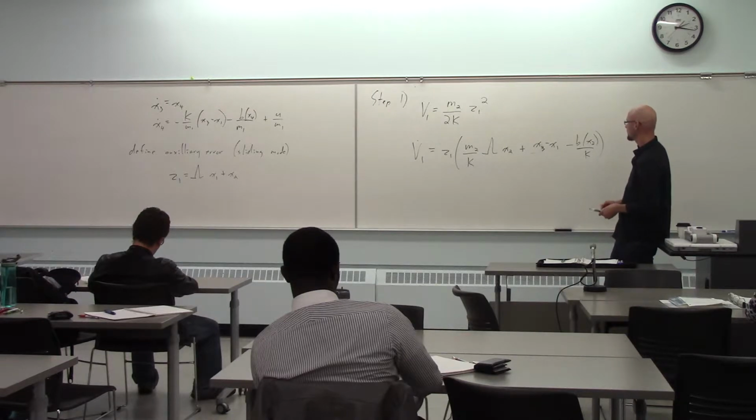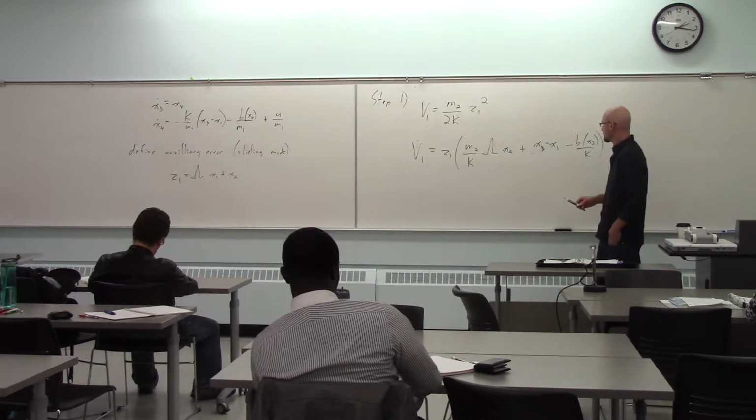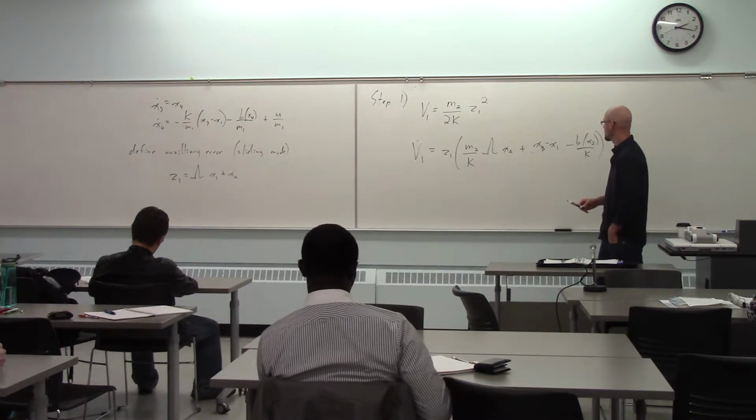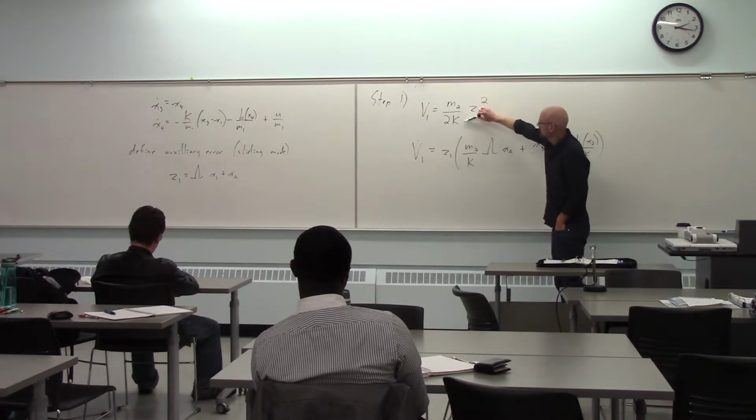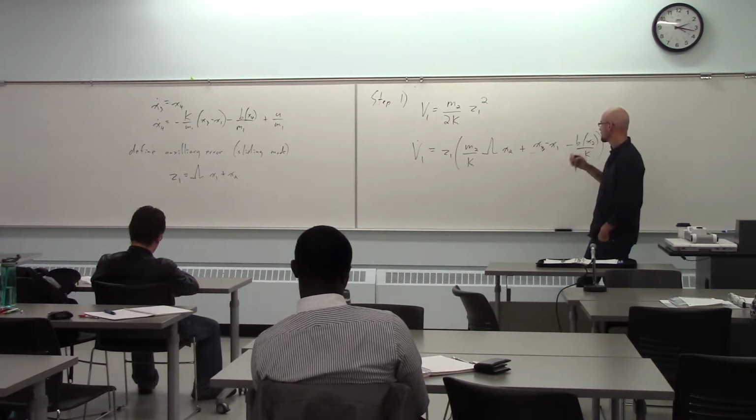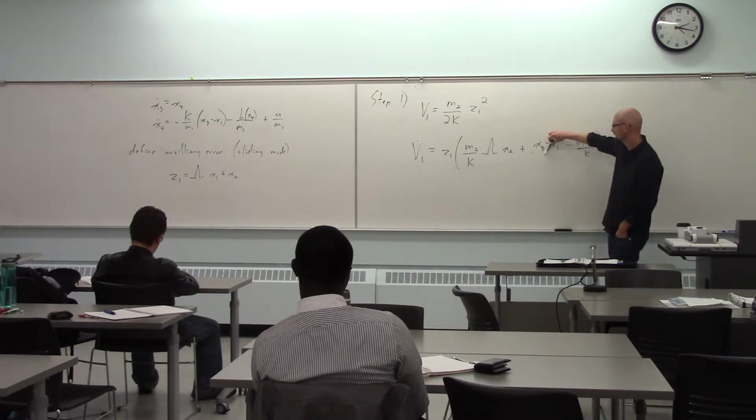So you can see why I stuck this m2 over k in here. It's because it made sure that this term here was by itself. So now I have an x3 that I can design to control this system.